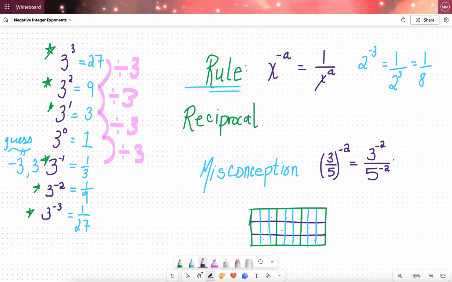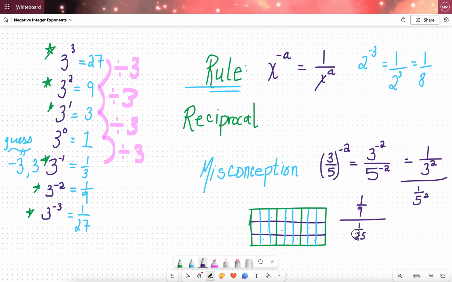Ooh, this is juicy. Well, I know that 3 to the -2, I am going to rewrite as 1 over 3 squared. But all of that is being divided by 1 over 5 squared. So I would have 1/9 all divided by 1/25.